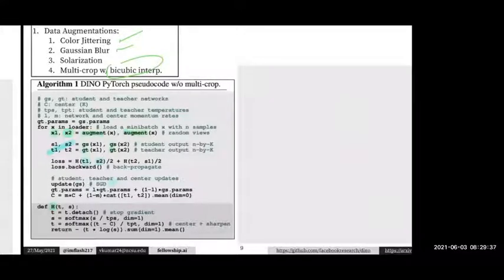What they do next is what we call collapse prevention. What collapse means is you have an input data, and you make a very trivial representation of the input data. So your model doesn't learn anything much, but both the student and the teacher start being very trivial.